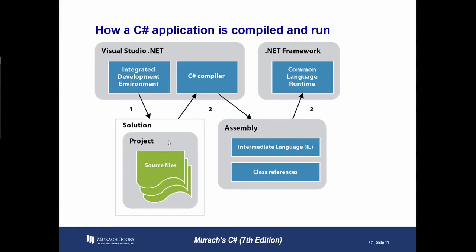And when those source files are done in C#, they need to be compiled in order to be used. Okay, so the next step is you compile the code, and once it's compiled, it's assembled. Okay, and then it goes back out to the .NET framework, and that's where you can actually see. So this is your runtime product of all of the code that you've created.